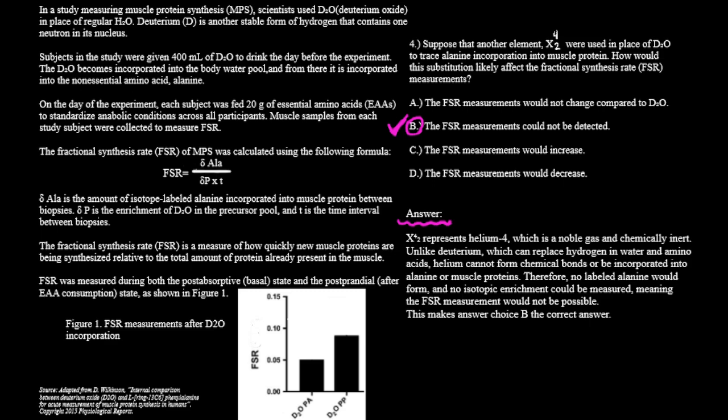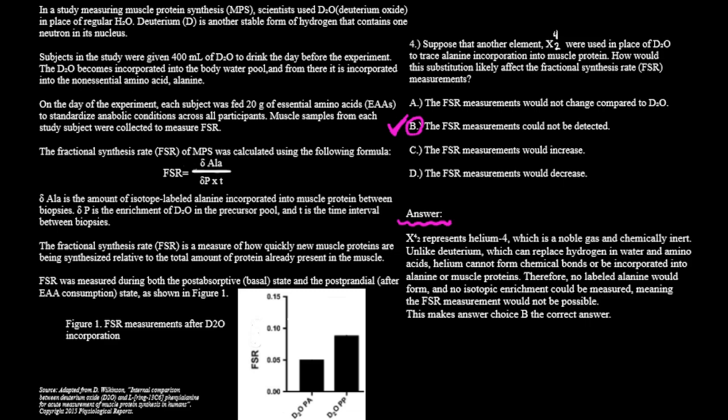All isotopes of a given element share the same atomic number, since the number of protons defines the element itself. In the case of hydrogen and its isotope deuterium, both have the atomic number of 1, which identifies them as hydrogen atoms. However, in this new scenario, the element X has an atomic number of 2, which means it is helium, and it's not hydrogen.